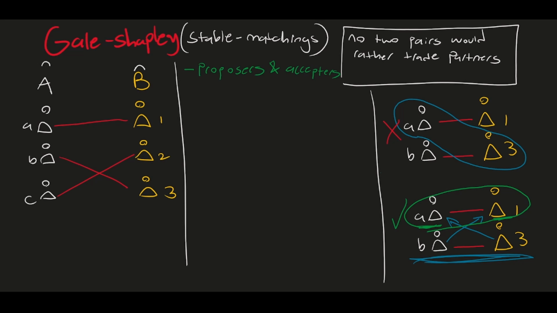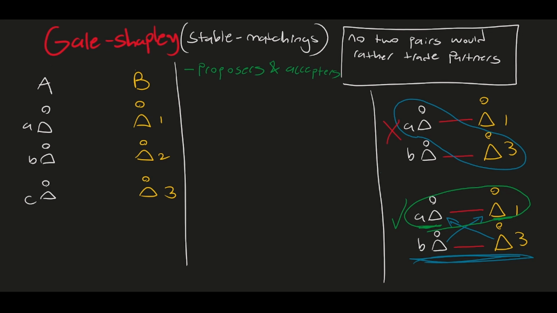In the Gale-Shapley algorithm, either group A or group B proposes first. So group A would propose first, and they choose who they prefer, or group B proposes first and A becomes the acceptors, who have to accept. Remember, there are n people on both sides.